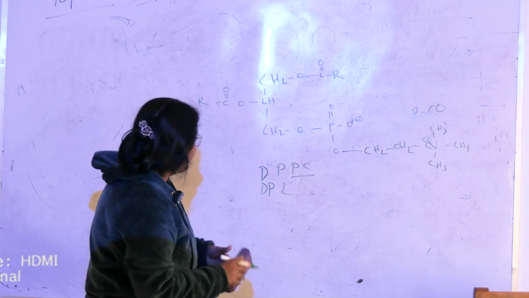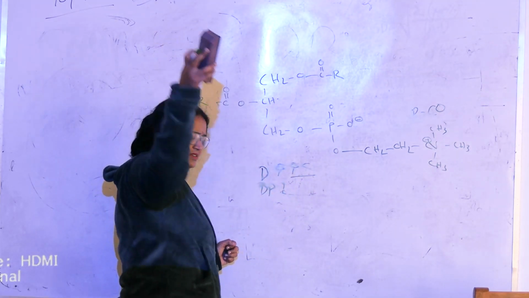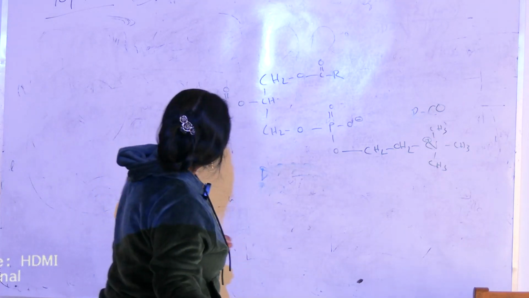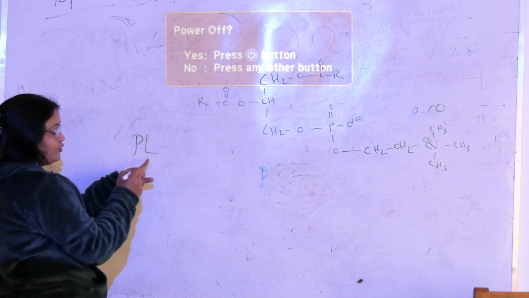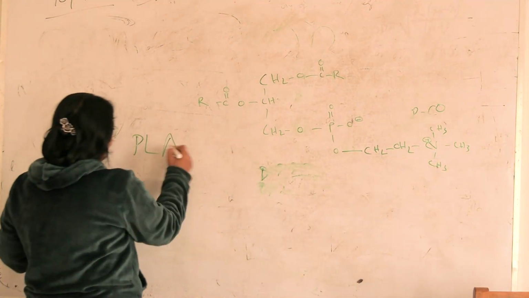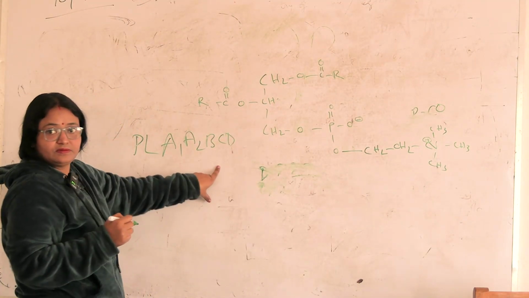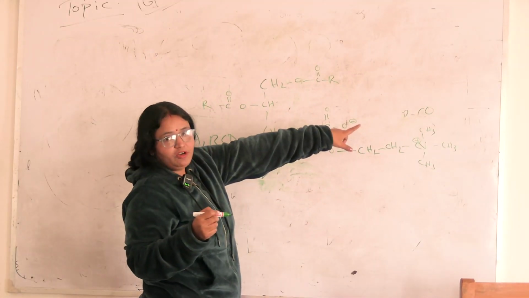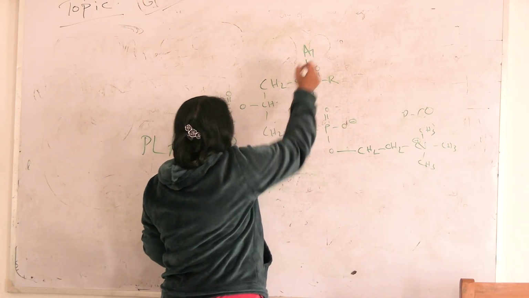Now I will tell you about the lipases. This is a phospholipid, so not just lipase but phospholipase A1, A2, B, C and D. Everywhere the RCO will be gone. The first one, broken here, is A1.